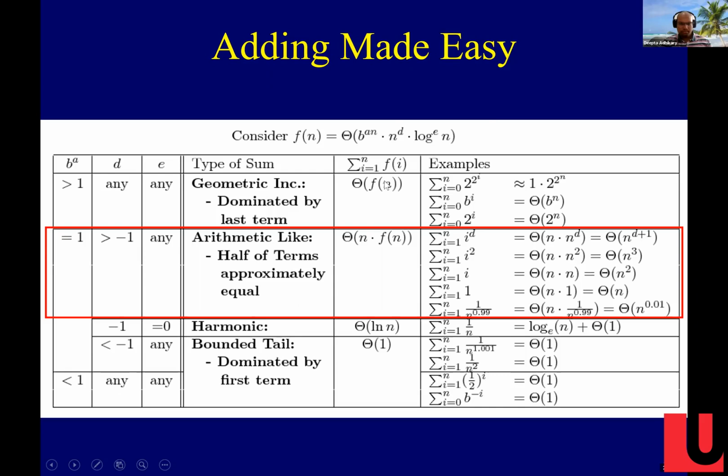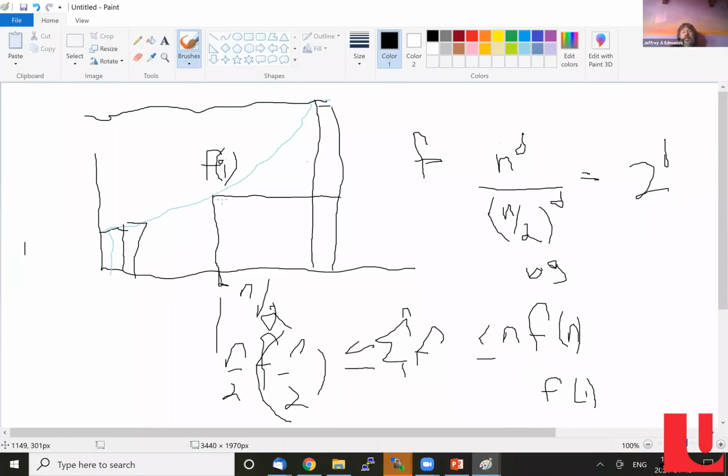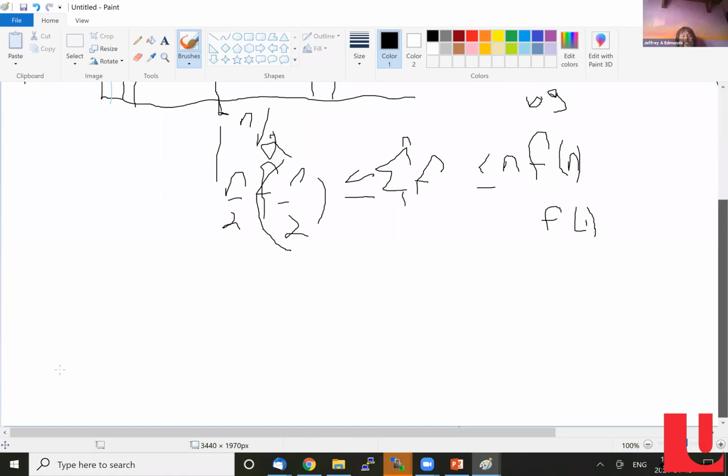Now, what about these other examples? What happens if my function grows really, really fast? This is like an exponential curve, and the sum is dominated by the last term.